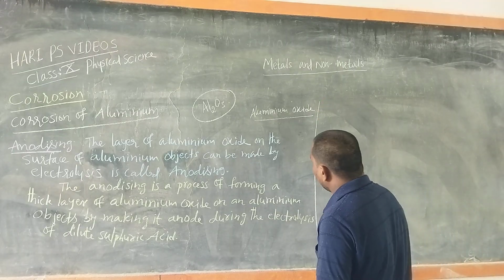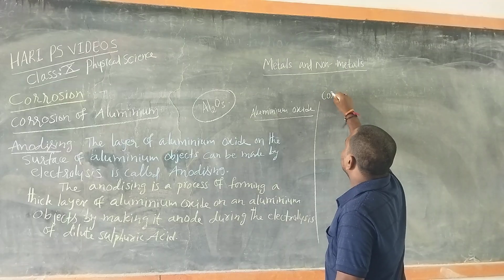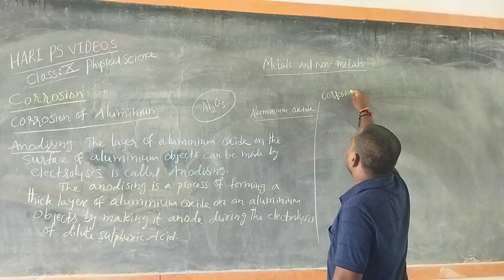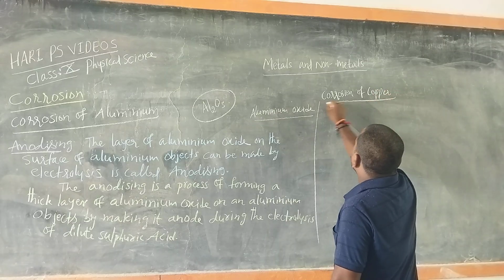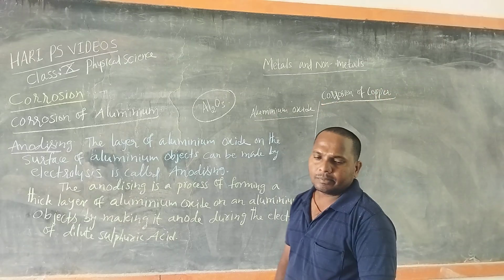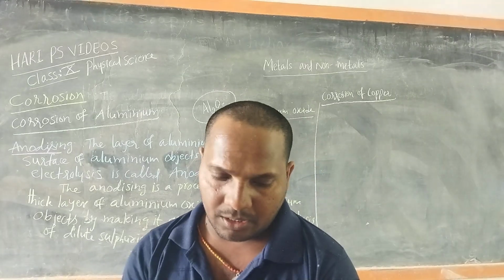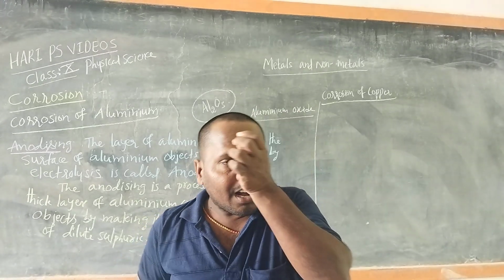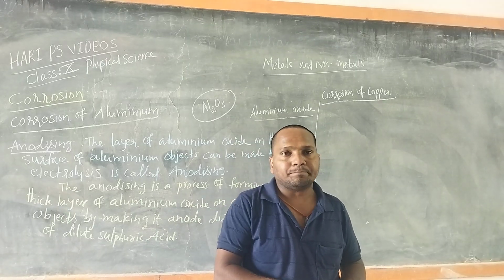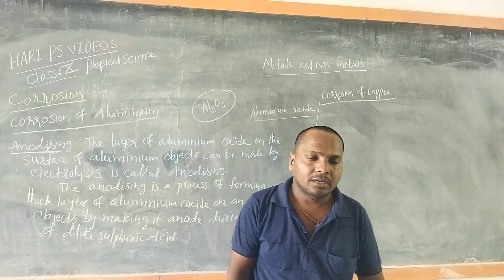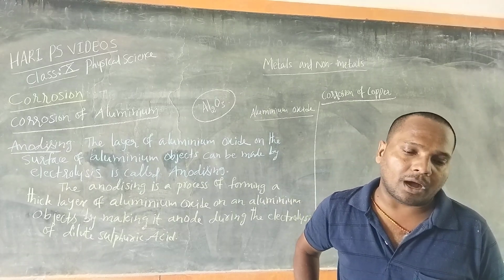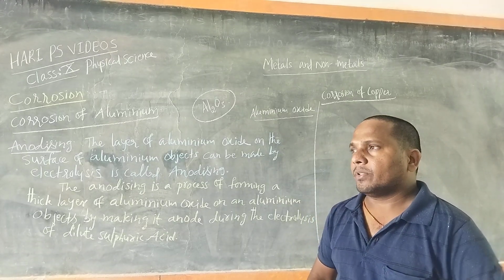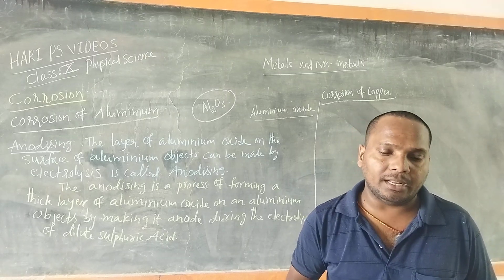Then coming to corrosion of copper. Copper objects also lose their shiny surface after some time due to the formation of a layer on them.